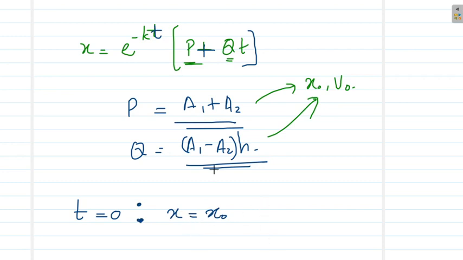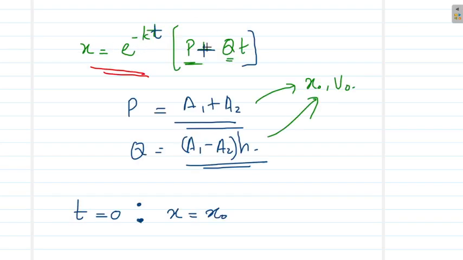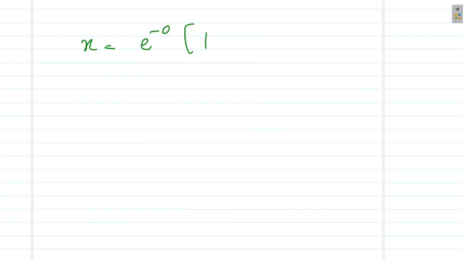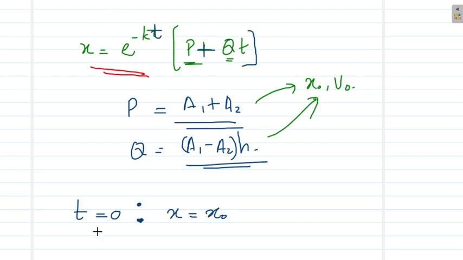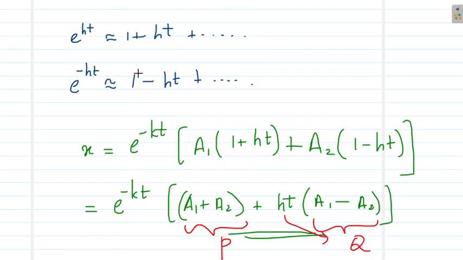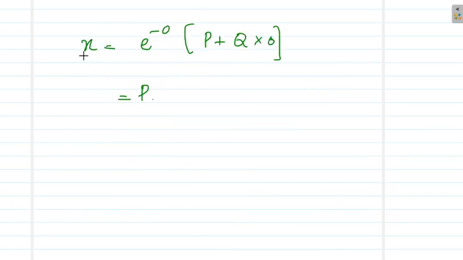Then, this actually implies substituting t equal to 0 into this equation of x. We will obtain x equal to e raised to minus 0 multiplied by p plus q into 0, which is simply p. And since at t equal to 0, x equal to x0, I can write this x as x0.